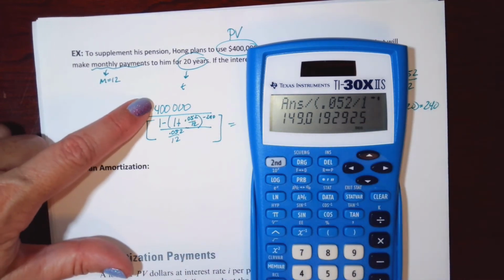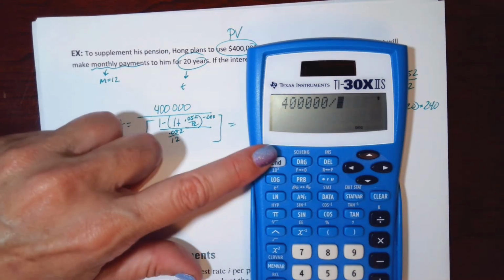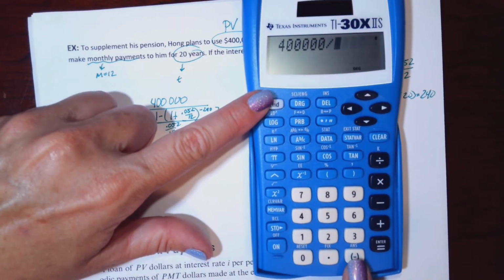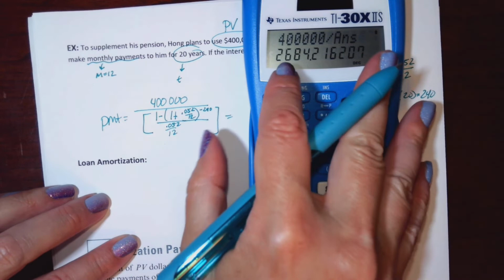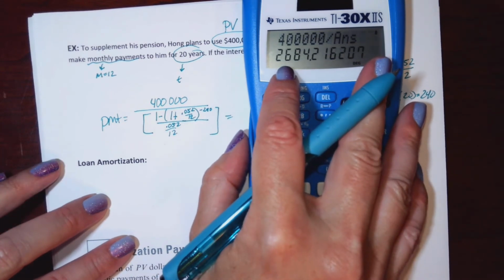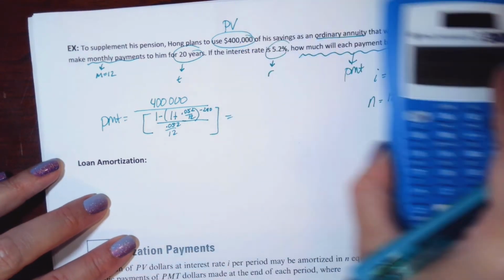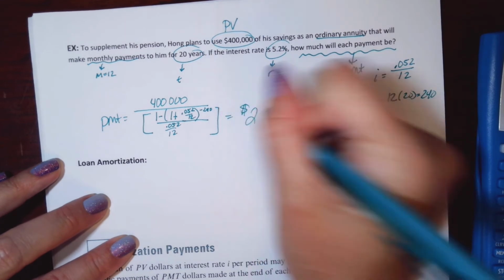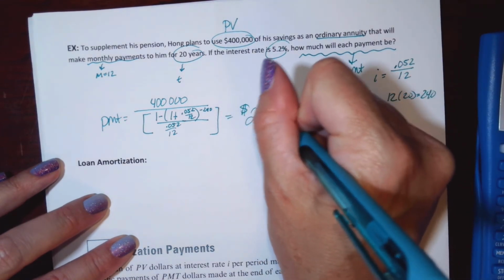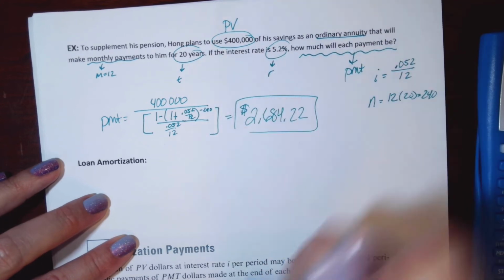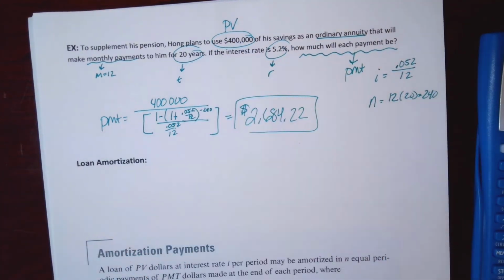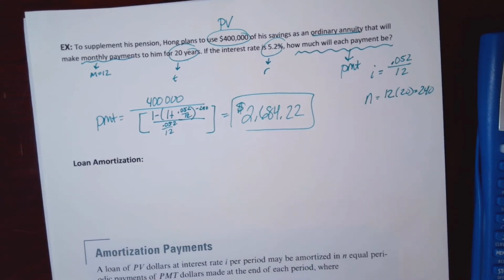Order matters. 400,000 divided by, and then I bring back that second answer calculation that's living in my calculator waiting on me. That's how much the monthly payment will be. I'm going to round that to 22 cents. So Hong will be able to withdraw $2,684.22 a month for 20 years if he invests that $400,000 at a guaranteed rate of 5.2%.